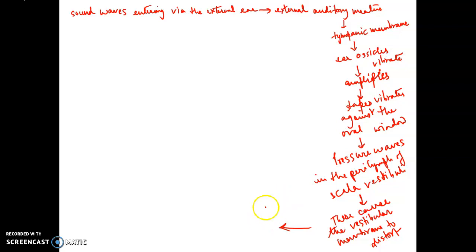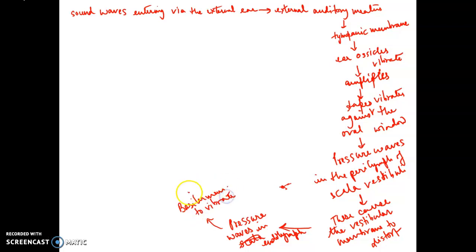Distortion of the vestibular membrane causes pressure waves in the endolymph, and pressure waves in the endolymph cause the basilar membrane to vibrate.